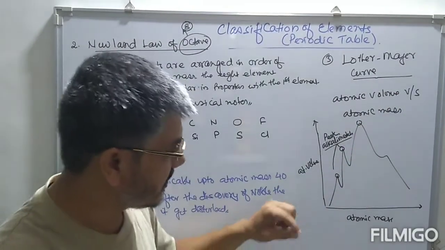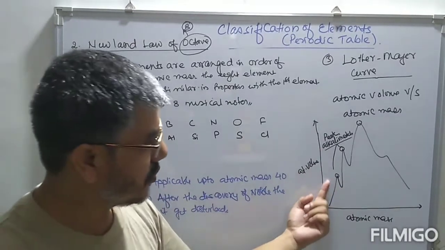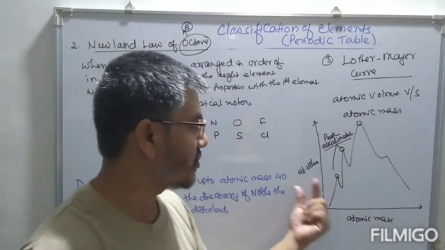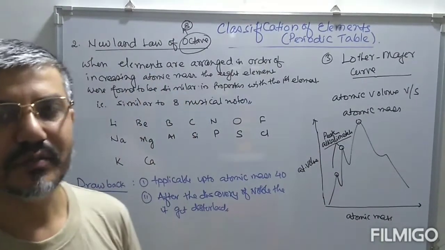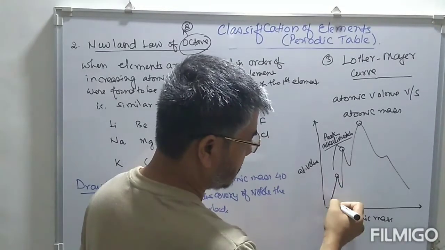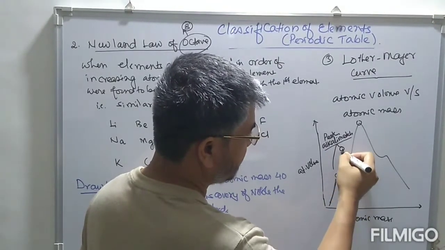So since similar elements occupy similar positions here, all the peak positions of this atomic volume versus atomic mass graph were occupied by alkali metals. And this is the ascending portion.